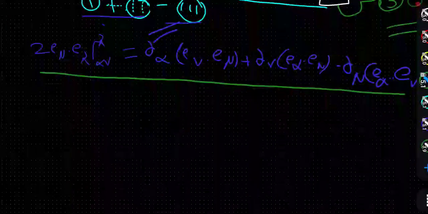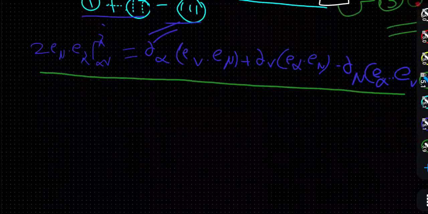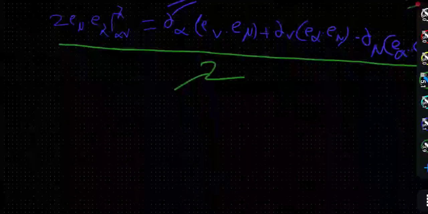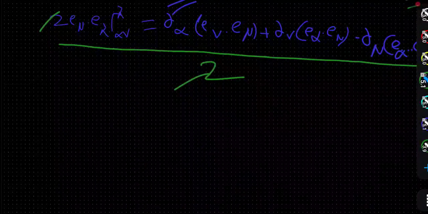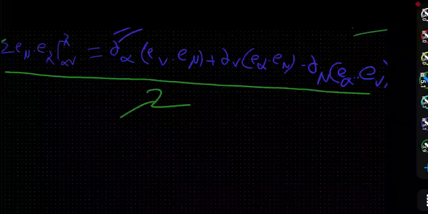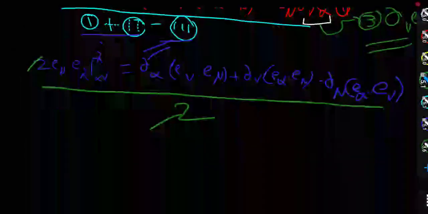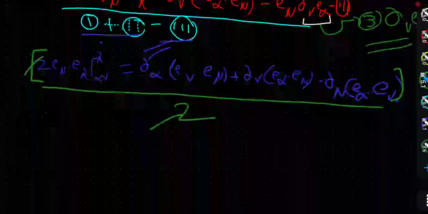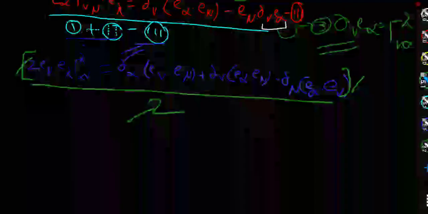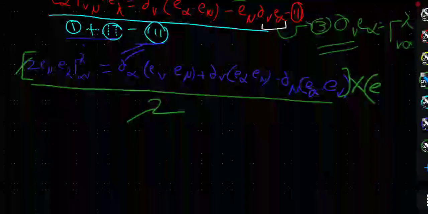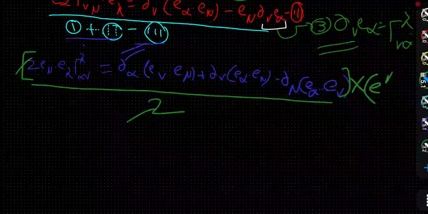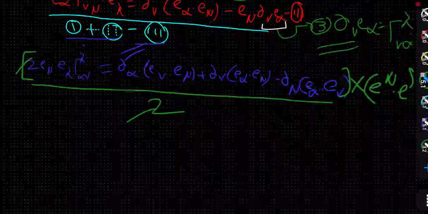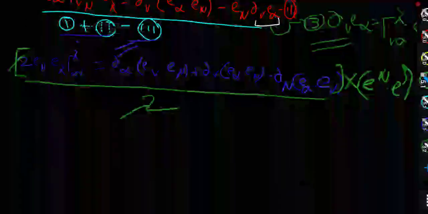First of all, you can divide this whole expression by 2, so the 2 and 2 will cancel out. And along with dividing by 2, I want you to multiply this whole equation with the dot product of E of mu and E of rho. Remember, it should be in the upper indices form.